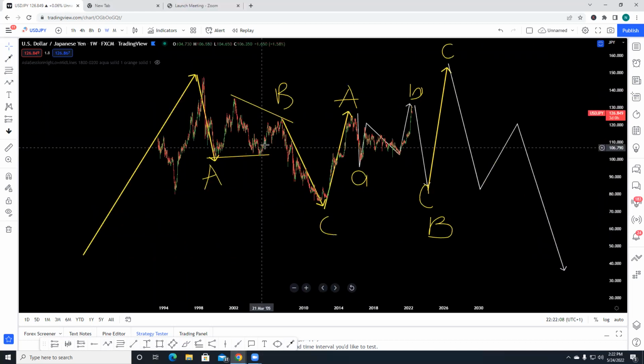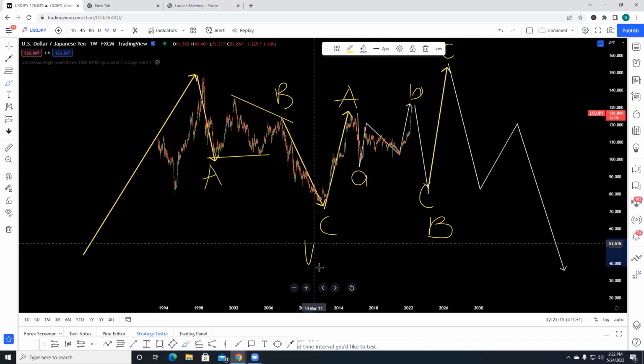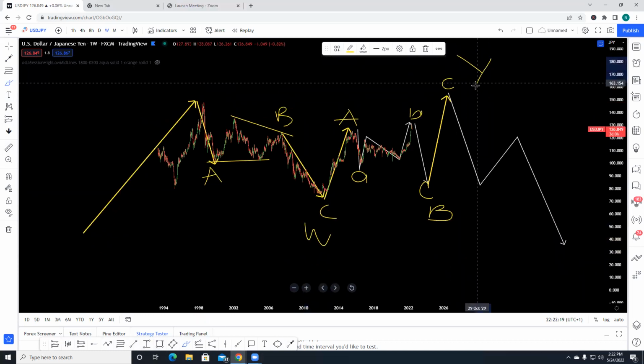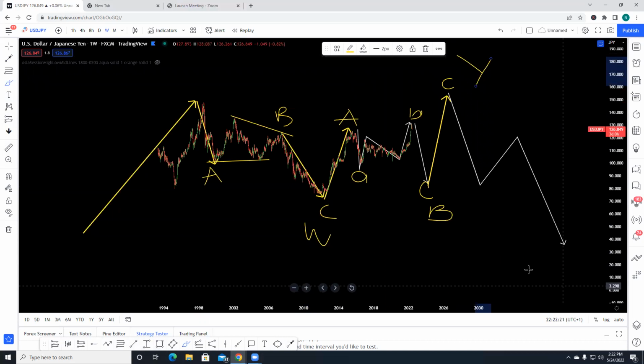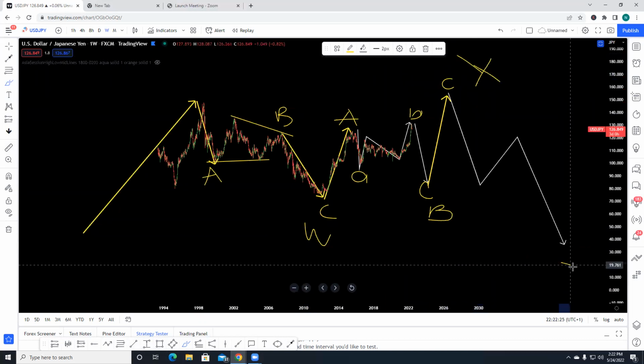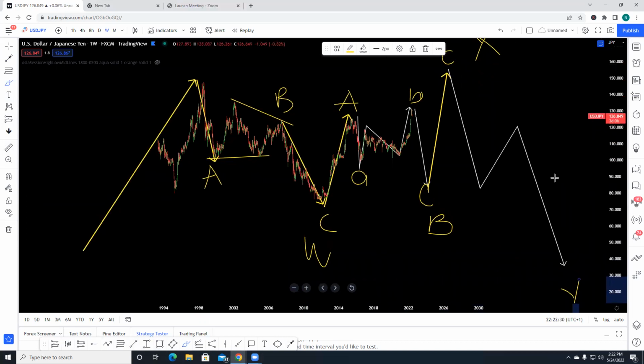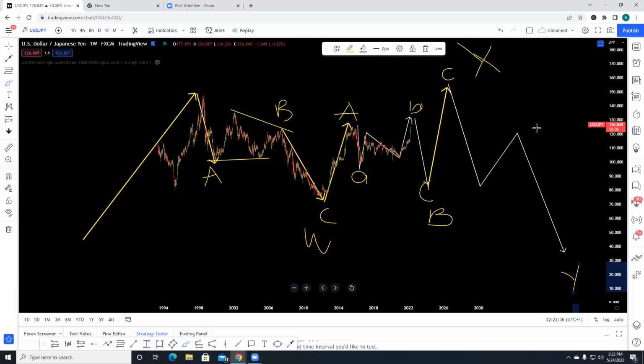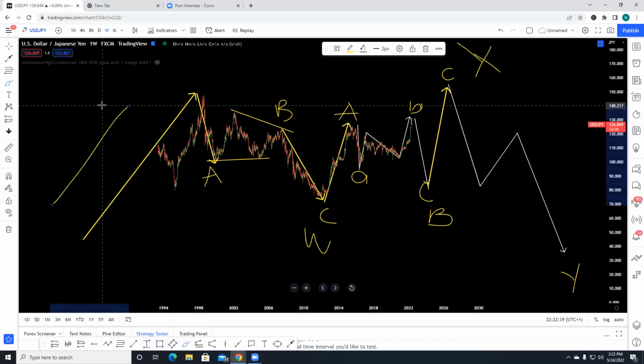But based on what we can see here, this will be a 3-wave down, which is called W, a 3 waves up, which is called Y, and then you are going to expect another 3-wave down, which is called X, and then this is called Y. If you watch my Elliott wave theory course, you will know that a corrective structure that opposes the trend is the W. A corrective structure that is in the direction of the trend, look at the trend is up.